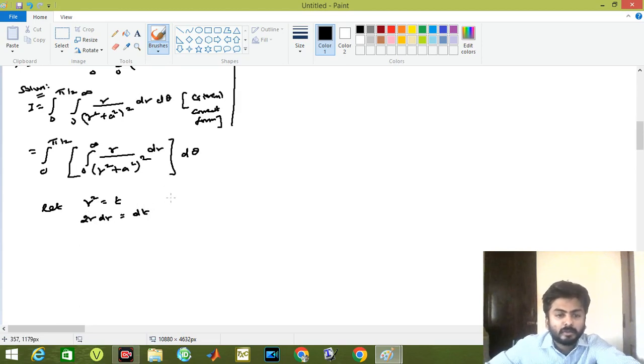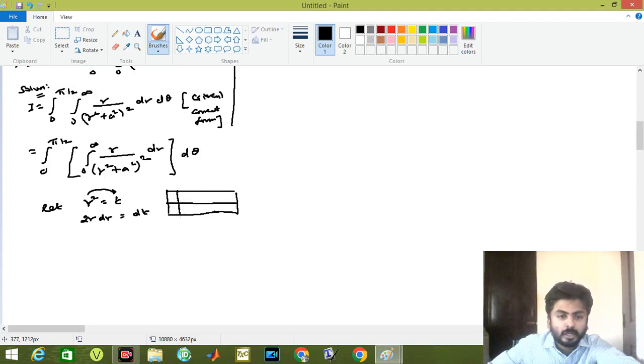Now we have to check the limits, because we are transforming the function from r to t. The entire function of r is going to become a function of t, so we have to change the limits also.